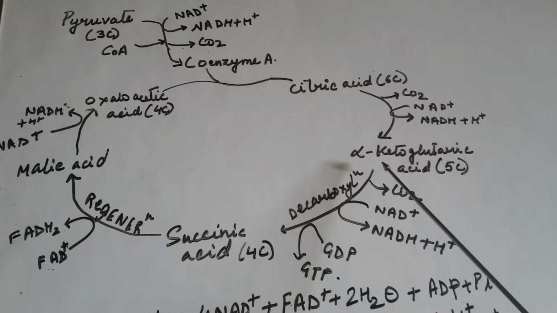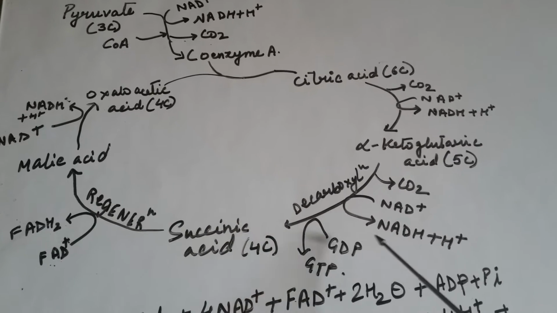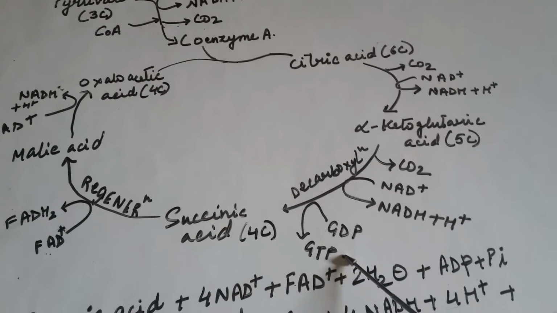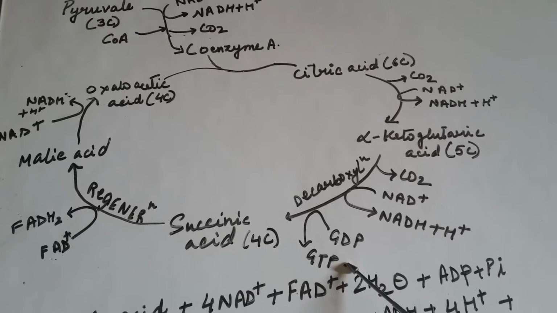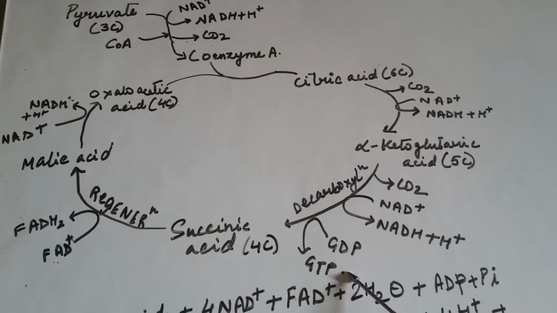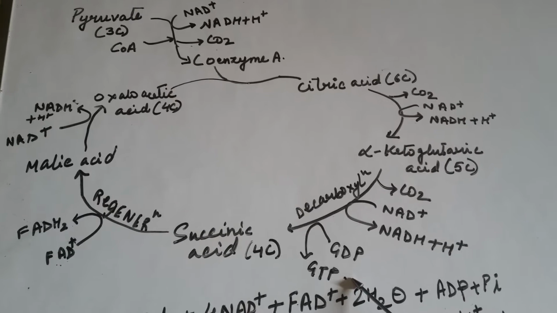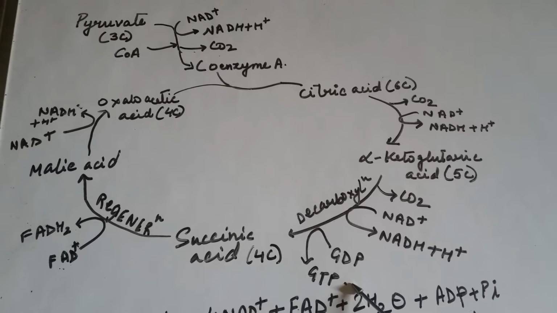During the conversion from alpha ketoglutaric acid to succinic acid, there is formation of GTP, that is guanosine triphosphate, an energy rich compound, and with this there is a simultaneous synthesis of ATP as well.